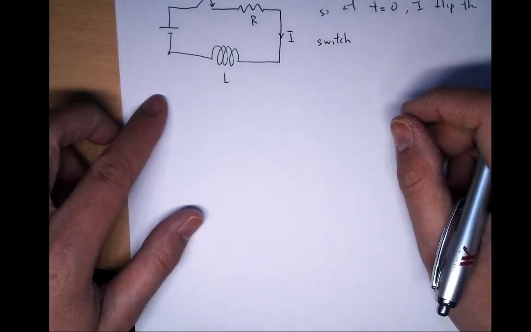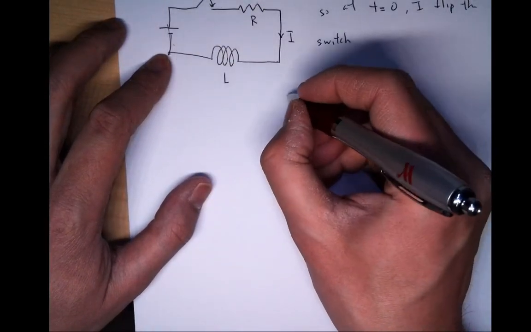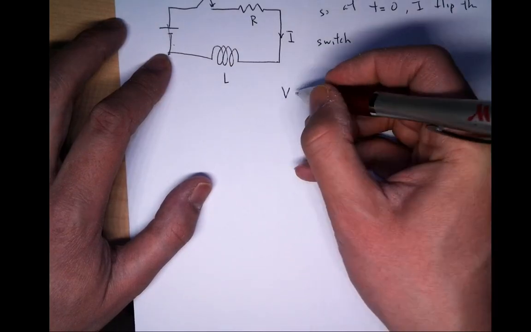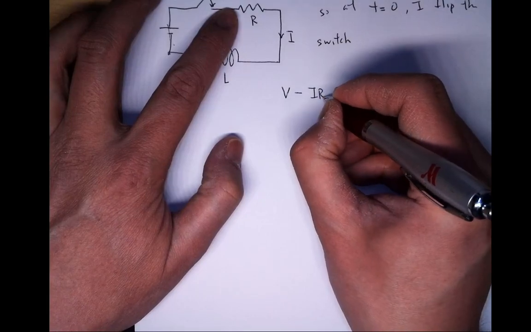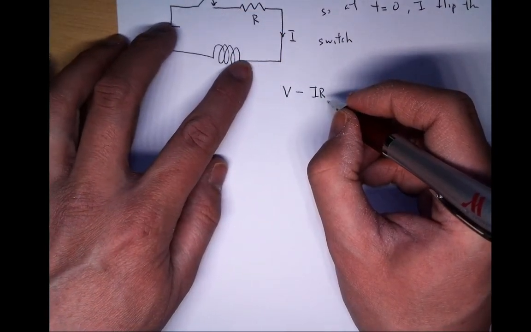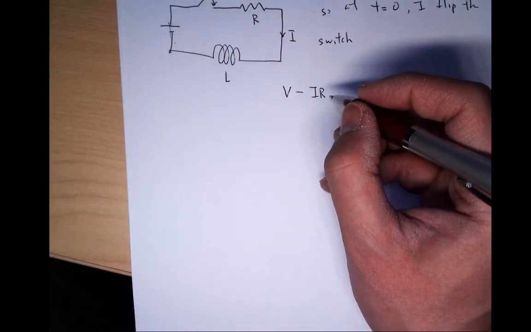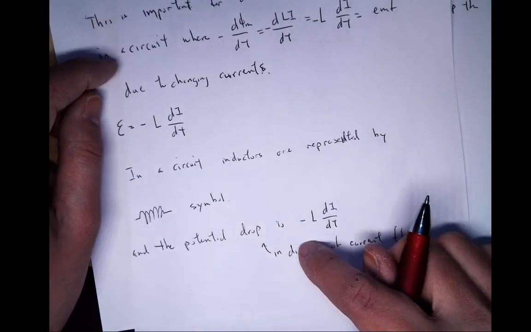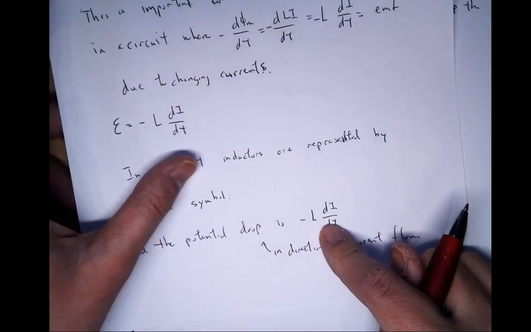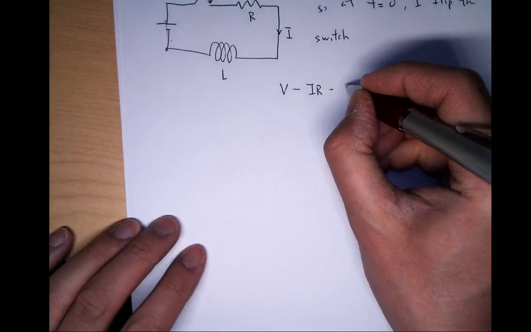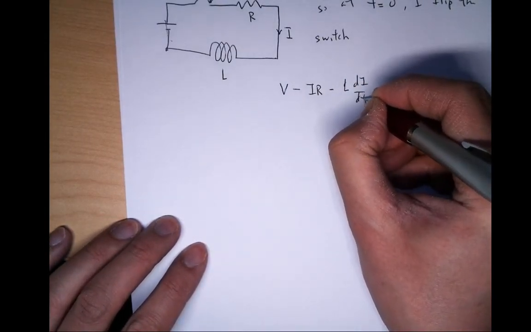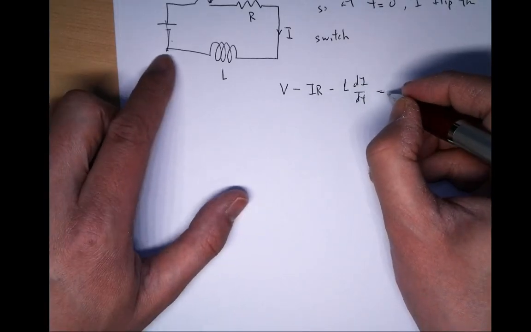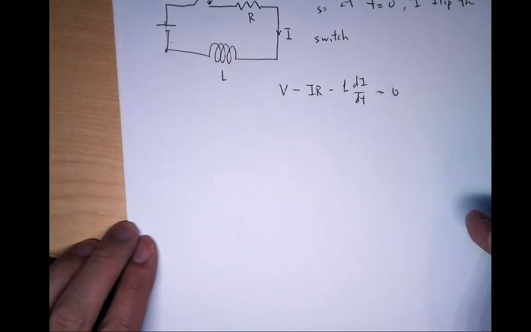As we go across the source, this gives me a plus V. Going across the resistor, it gives me a minus IR. Come back down, go across the inductor, and the inductor has a potential drop in the direction of current flow of minus L di dt. And then I complete everything, that goes back to 0.